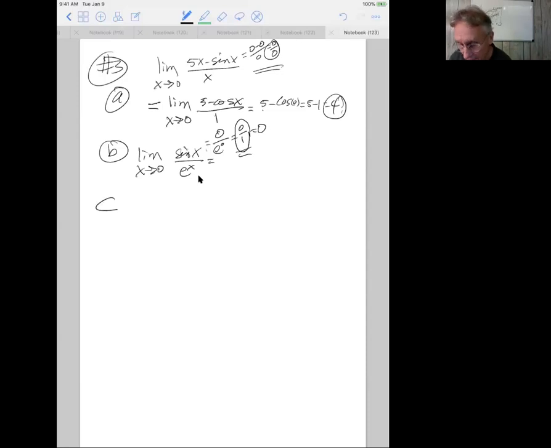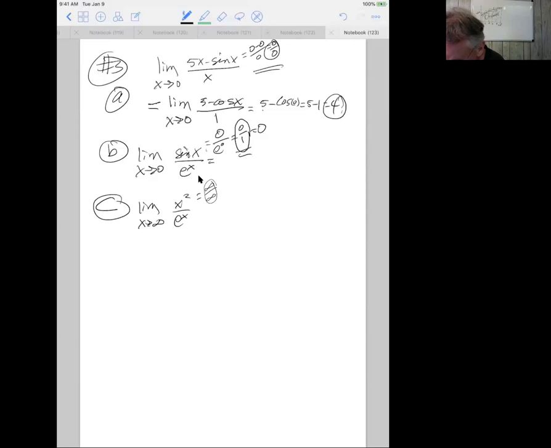Let's look at C. The clock's ticking here. I need to keep moving. C is the limit as x goes to infinity of x squared over e to the x. All right, and you check that first, and as x goes to infinity, this is going to infinity on top, and it's going to infinity on the bottom. There's an indeterminate form, L'Hopital's rule.